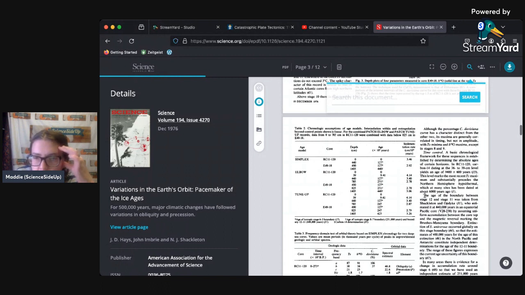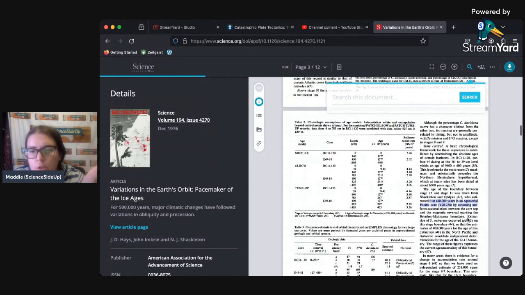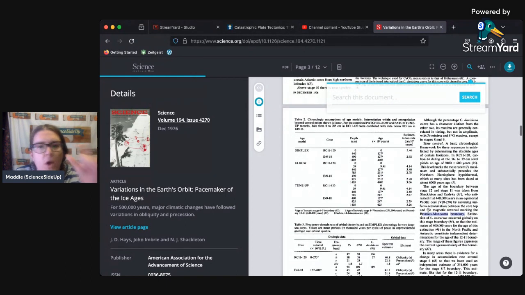Okay, the age of the boundary between stage 12 and 11 was taken from this paper, which estimated it at 440,000 years in an equatorial Pacific core by assuming uniform accumulation between the core top and the magnetic reversal marking this boundary. Okay, cool.